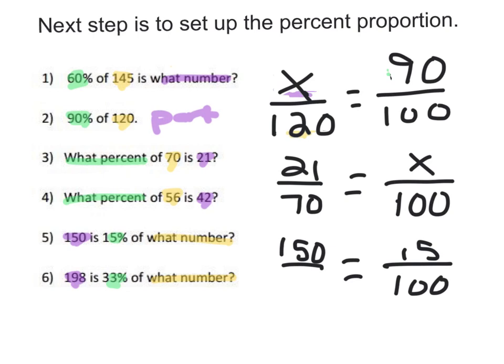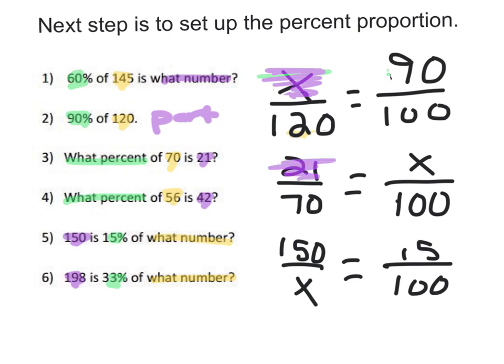And my whole is the missing piece now. That is the piece that we're trying to figure out. So if we look back through every single one of these problems, we were starting off looking for our part.